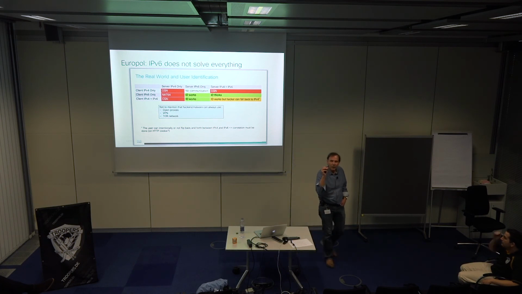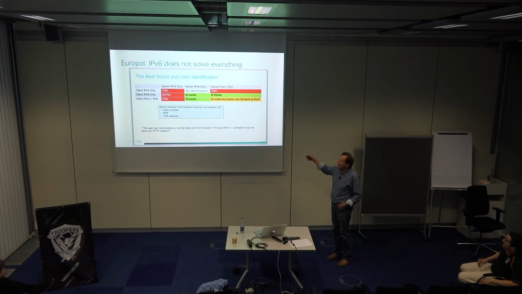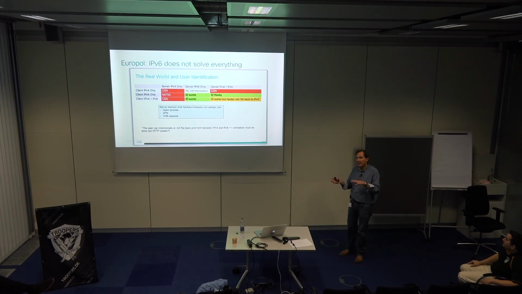You get a unique ID per user because you can only use v6. Now, if you are dual stack and you're going to a dual stack, you know Happy Eyeballs. You may end up using IPv4 or IPv6. Happy Eyeballs will give you a small preference for v6, but there is no guarantee that it will use v6. If it uses v6, you get a unique ID.